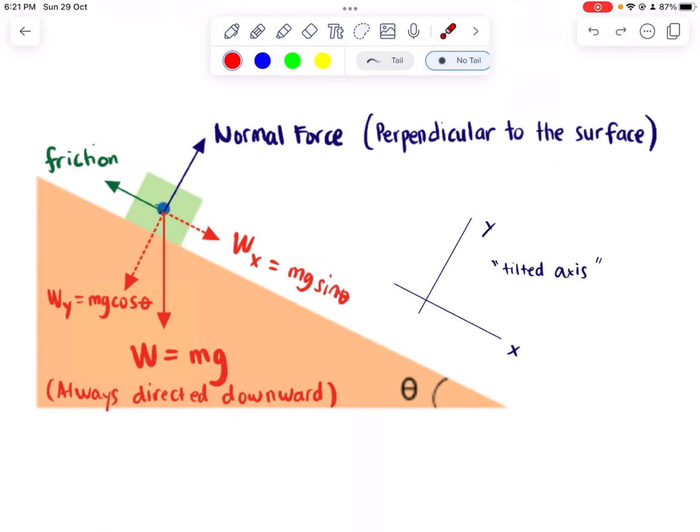And in this case, our normal force is equal to the y component of the object's weight. So the normal force is mg cosine theta. Let me write that down.